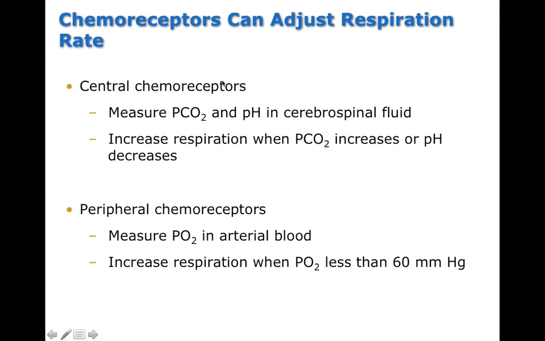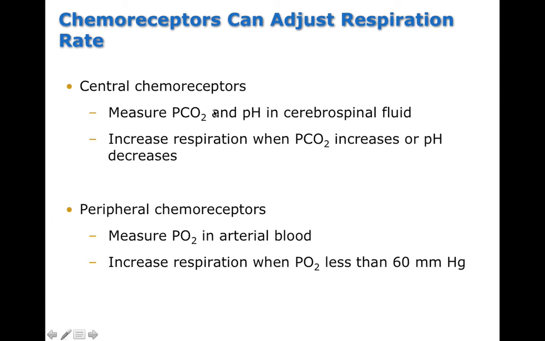So in terms of measuring pH of your blood, it's done through central and peripheral chemoreceptors. The central chemoreceptors measure PCO2 and pH in CSF. And so what happens then is that you actually have receptors in your cerebrospinal fluid of your central nervous system. That's what they're called, central chemoreceptors.